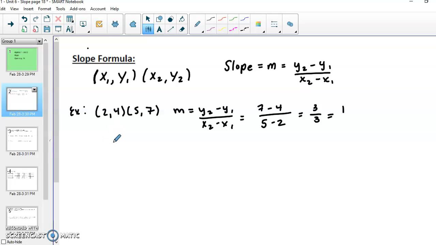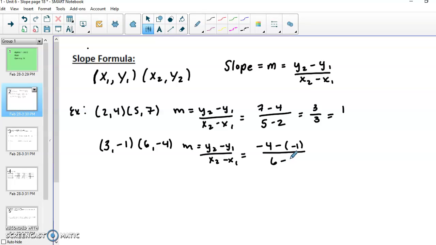Okay, let me try it again. Second example, we're going to have 3, negative 1, 6, negative 4. Let's see, y2 minus y1 over x2 minus x1. Be careful with signs. Negative 4 minus negative 1 over 6 minus 3.